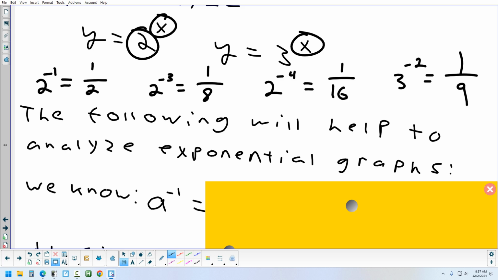People seeing a pattern here? Yes. How about, let's just do one more. How about 4 to the negative 2? What would that one be? I think same as 1/2. 1/16. Yep. So what's happening there? What's the pattern?